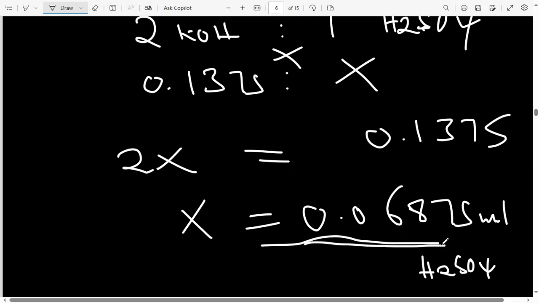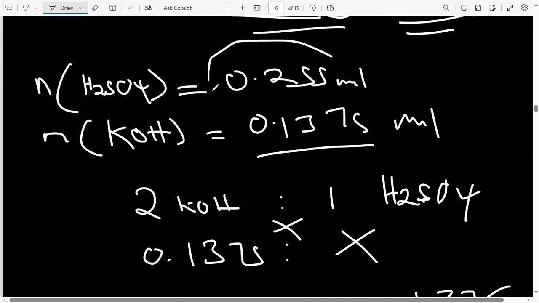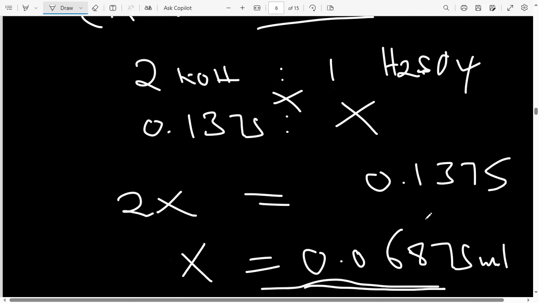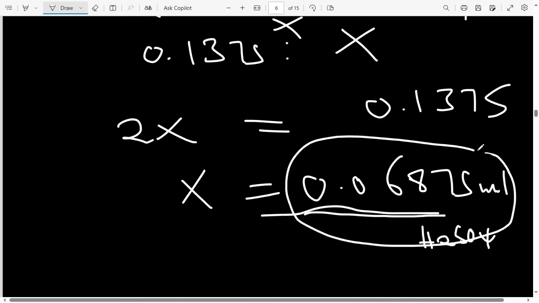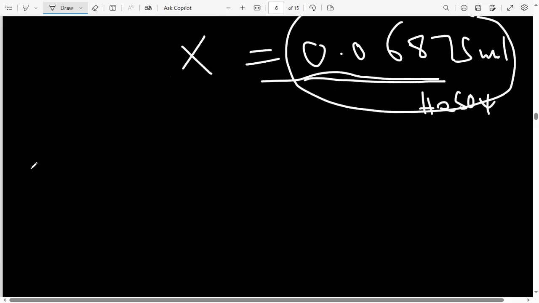So how are we going to find the excess moles? We are going to say the initial moles of hydrochloric acid minus the moles of hydrochloric acid that reacted. That's what is going to give us the excess moles of hydrochloric acid.